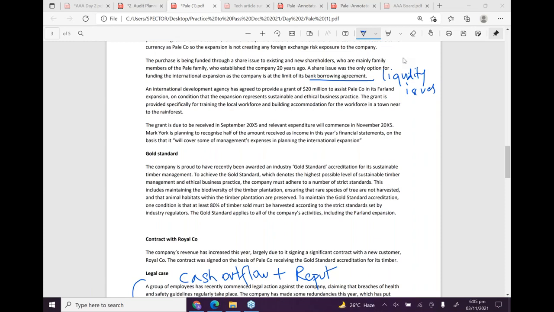Remember, gold standard has certain criteria. Please evaluate whether that is met. And if not, then not only will the gold standard accreditation be withdrawn, you would also lose the major customer as well. Then that becomes your answer.